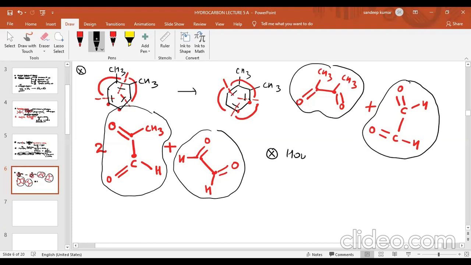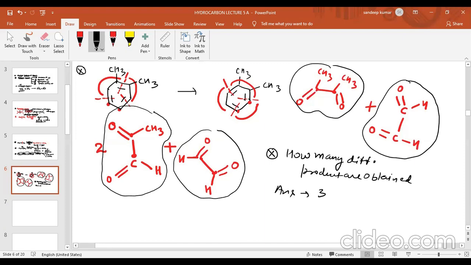So your answer will be 3. So always remember, we will not consider only this case, because in benzene there is resonance. This pi bond can be at this position, this pi bond can also be at this position, and this pi bond can also be at this position. Therefore take all the possibilities. So therefore we have formed this product.